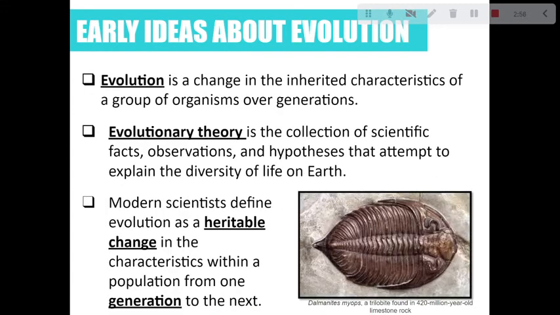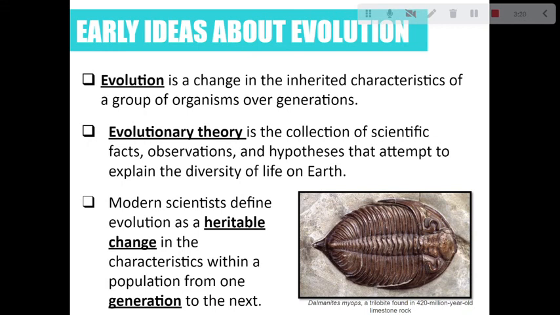Now, evolution is a change in the inherited characteristics of a group of organisms over generations. So, evolutionary theory is then the collection of scientific facts, observations, and hypotheses that attempt to explain the diversity of life on Earth.